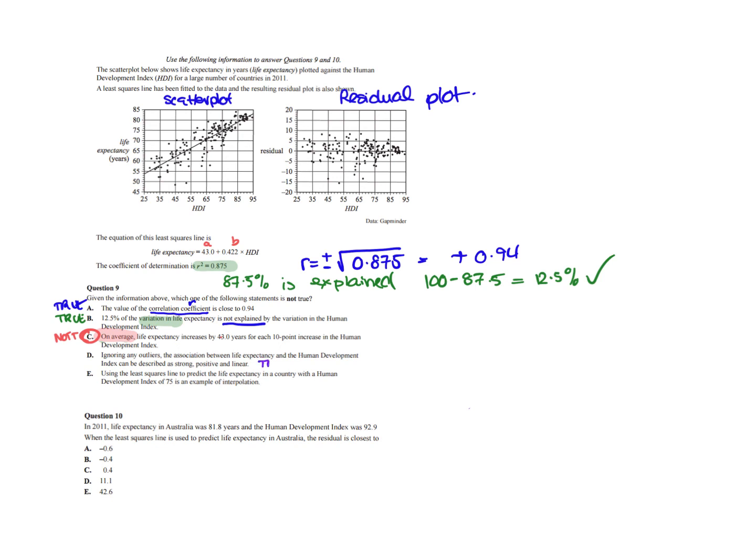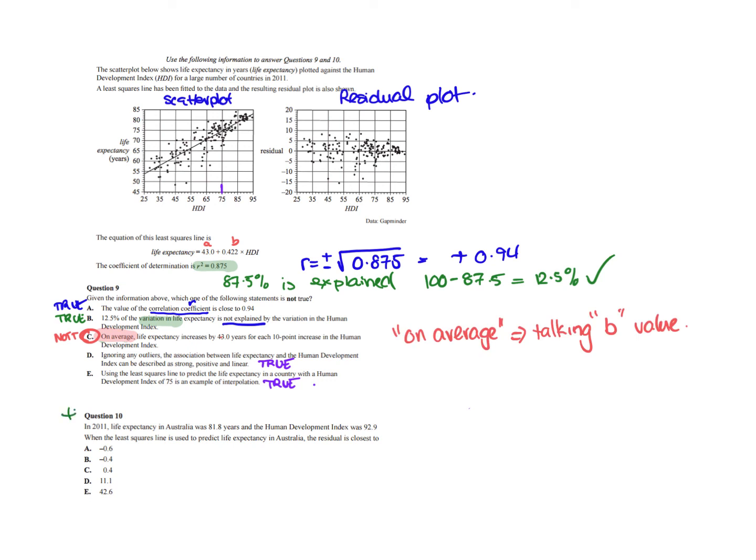That's true, because we can see there's maybe a few outliers, but the residual plot's showing random, so it helps us say yes, it's linear. And using the least squares line to predict life expectancy in a country with a human development index of 75 is interpolation. That's true, because 75 is within the data.